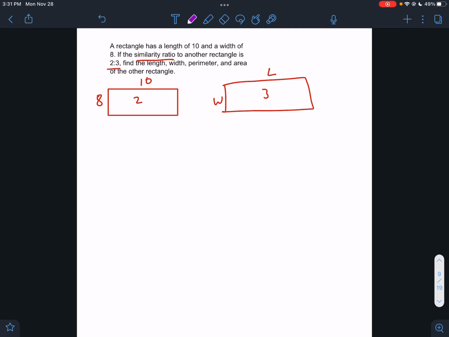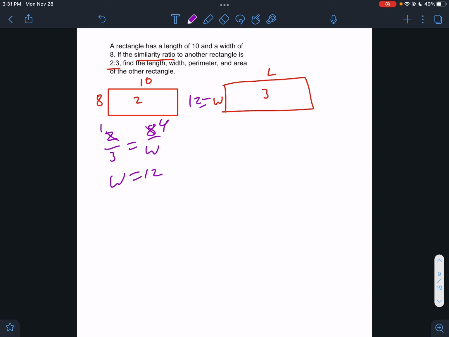Or you could use scale factor. I don't care. But I'll show you both. I'll do width both ways. If I'm using ratios, you would know that the ratio is 2 over 3. And it would have to be small over big for width. You would reduce 2 and 8 is 1/4. So W equals 12.